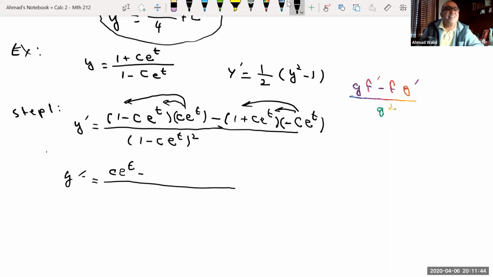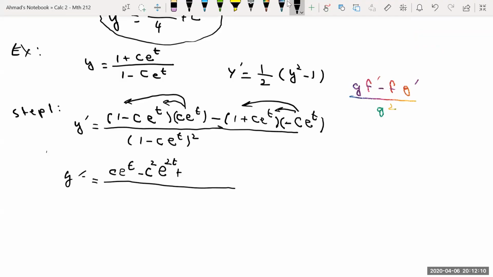Any answer? CE to the t times CE to the t gives you C squared E to the what? 2t. Correct? Plus, you see negative times negative gives you positive.